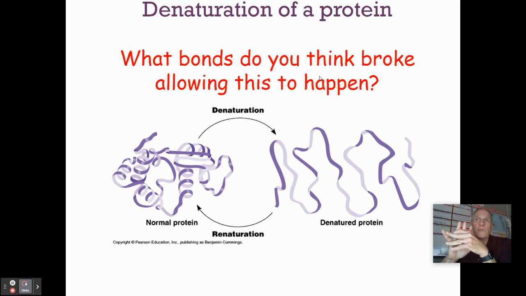Secondary structure, which is a result of hydrogen bonds, and then primary structure, which is a sequence of amino acids, and each one of those amino acids is linked together by a covalent bond. Okay, so which bonds do you think are going to break first in order to denature the protein?